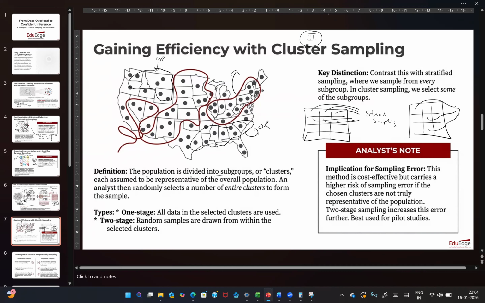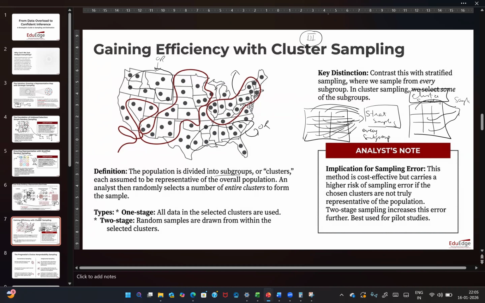Maybe I only select these three and call it a sample. In stratified sampling, I will have representation from every subgroup. So every subgroup figures in my eventual sample, but in cluster sampling, that's not true. So that's the key difference between stratified sampling and cluster sampling.